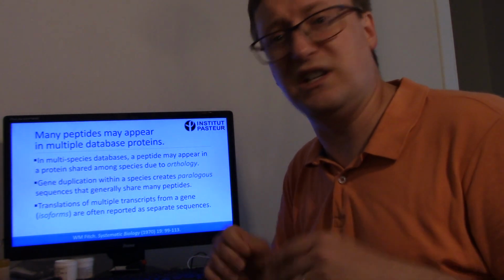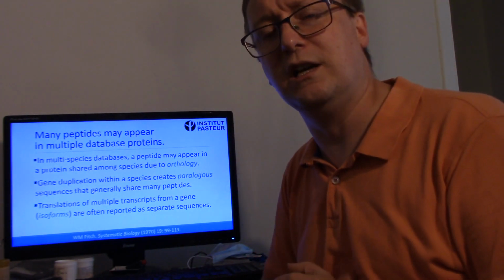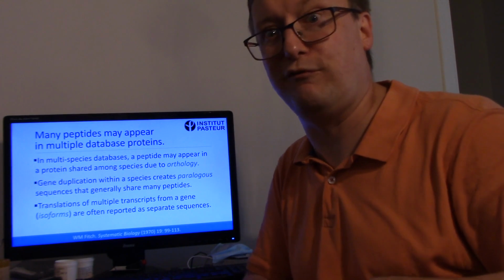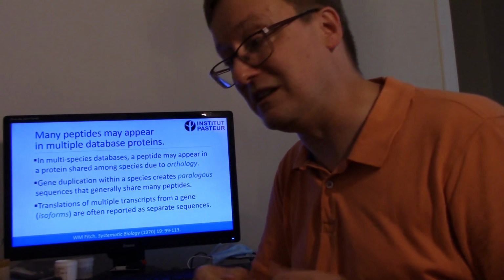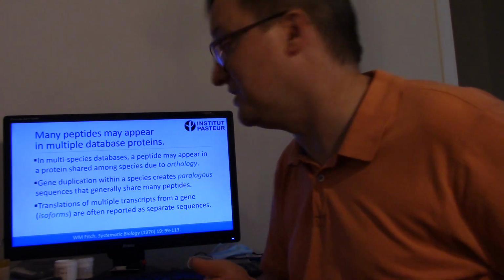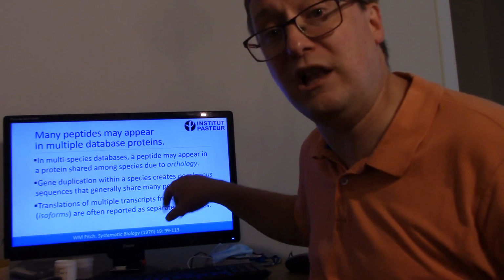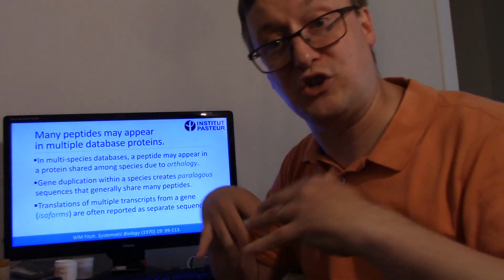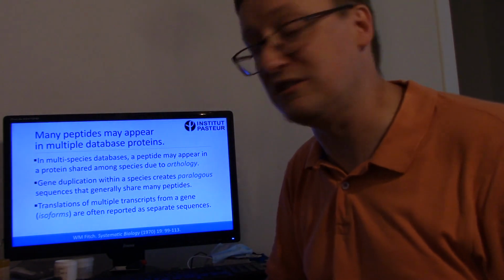UniProt has proteins for a bazillion different species in it. If you're searching that, you might find that a peptide, for example, for actin in your species is identical to that peptide for actin in other species. We call this orthology, that we have different proteins from different species that share commonalities in their sequences.